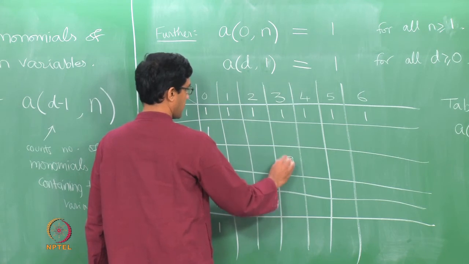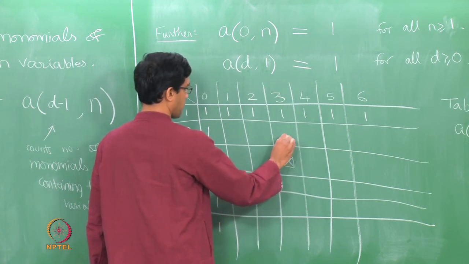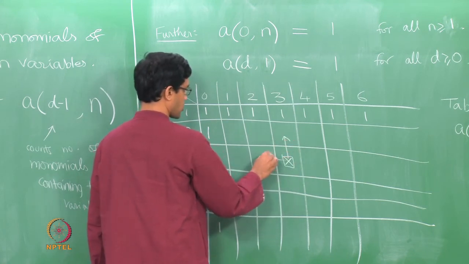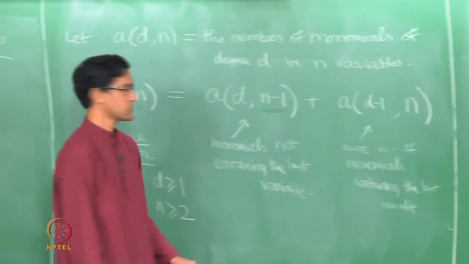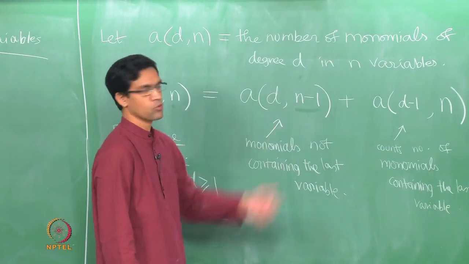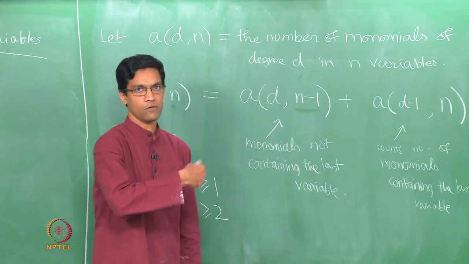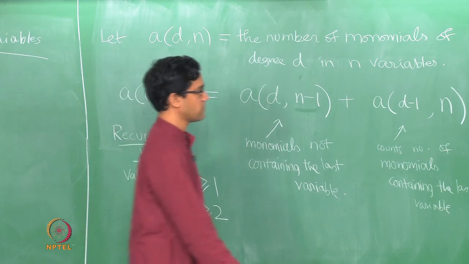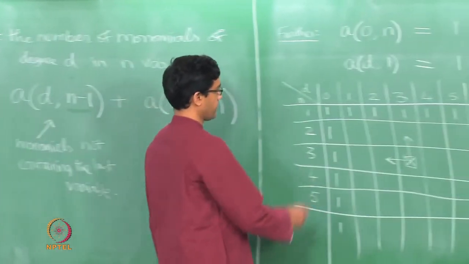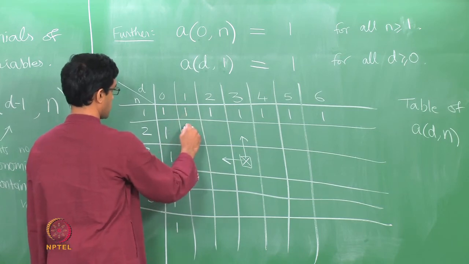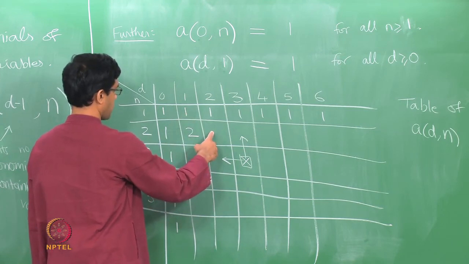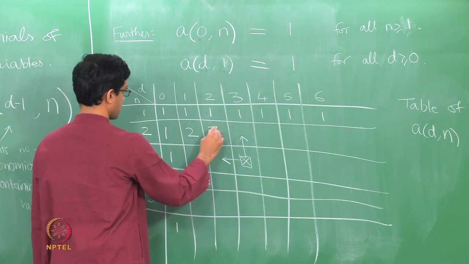So the value here is the sum of the value in the box above it and in the box to the left of it. So all it's saying is that it's just the sum of the values in those two boxes. By doing this iteratively you can find the values in all the boxes. For instance, if I want to find this box here, it's the sum of 1 and 1, so that's a 2. This box here would be the sum of 1 and 2.